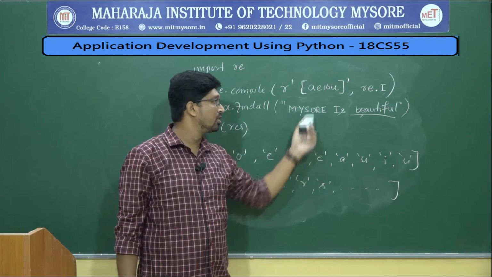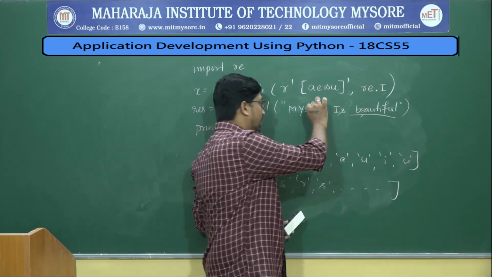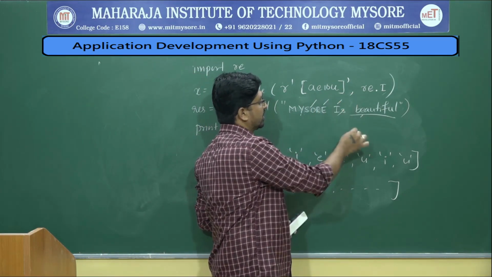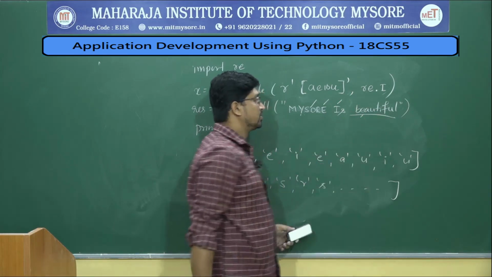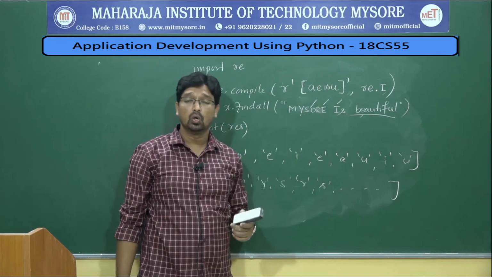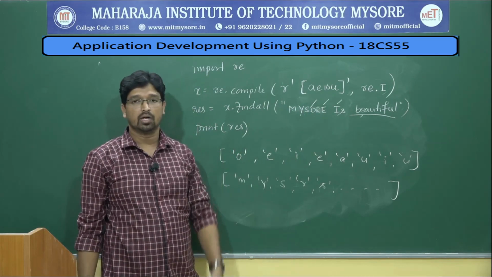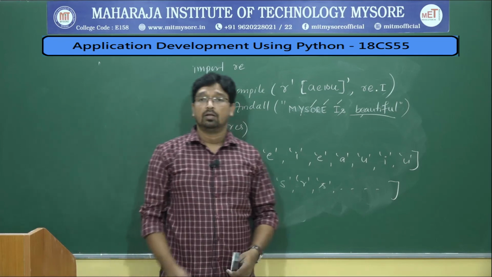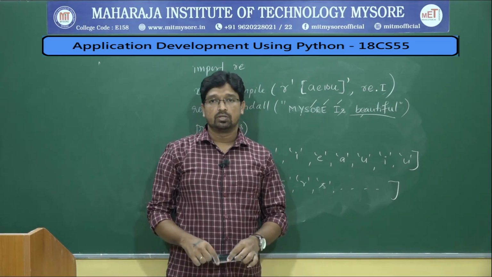So you will get a list of all those characters. Now capital O gets matched, capital E, capital I also get matched, and here small i, small e, small a get matched. So this is how we ignore cases. Okay. Understood? Thank you.